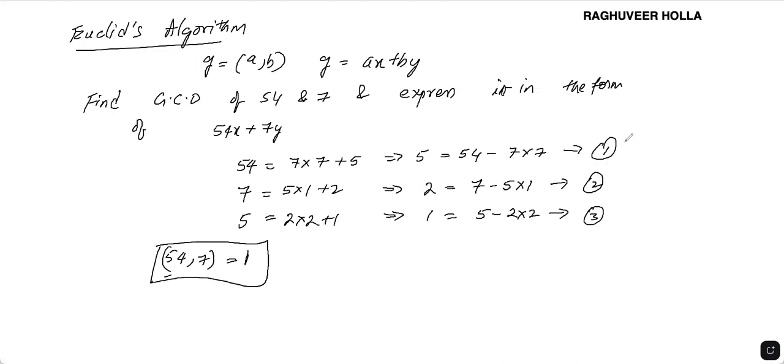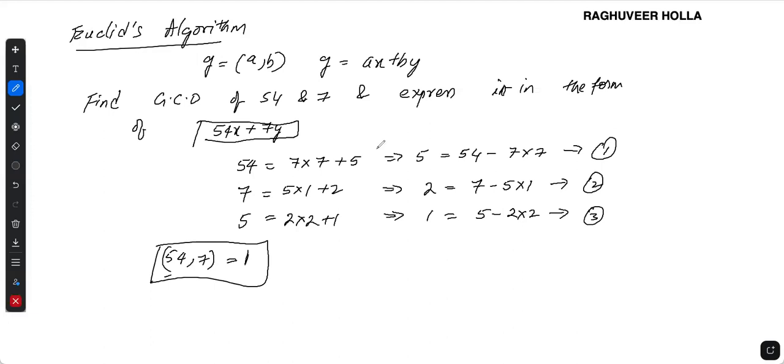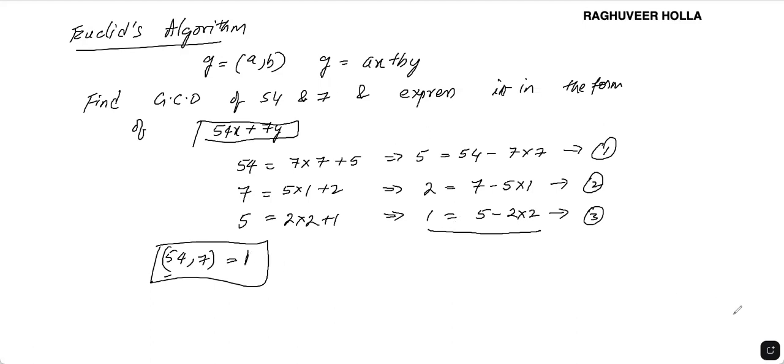Now using these equations 1, 2 and 3, let us express this in the form 54x + 7y. What is x and y here? We will continue by taking this last result: 1 is equal to 5 minus 2 multiplied by 2.